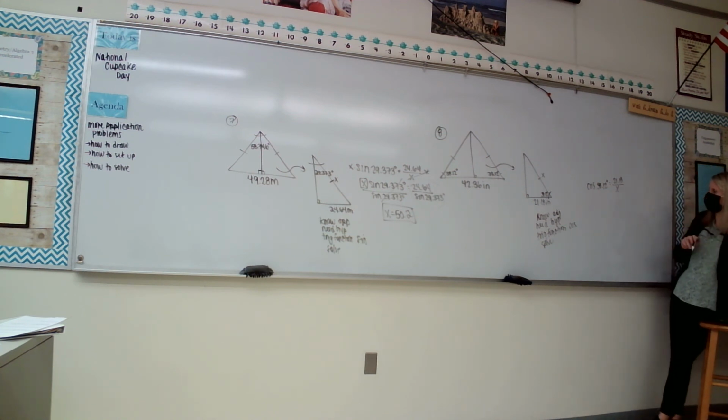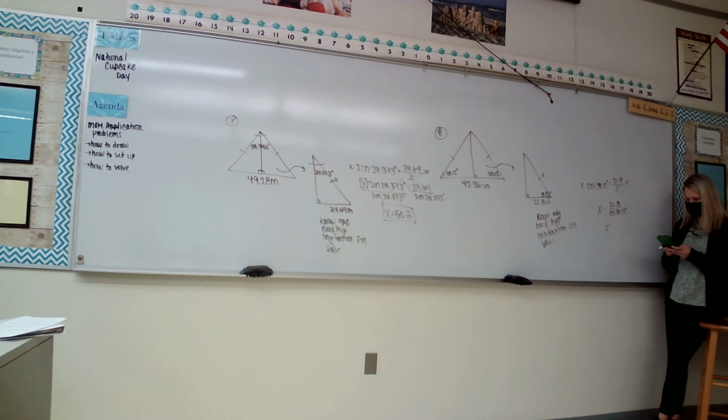So I'm getting lazy, so I don't want to write all the steps out, and my marker's starting to run out. I'm going to multiply both sides by x. And then to get x by itself, I have the 21.18, and I would have to divide it by the cosine of 38.12. So doing all those steps over there, I'm just going to throw that in my calculator.